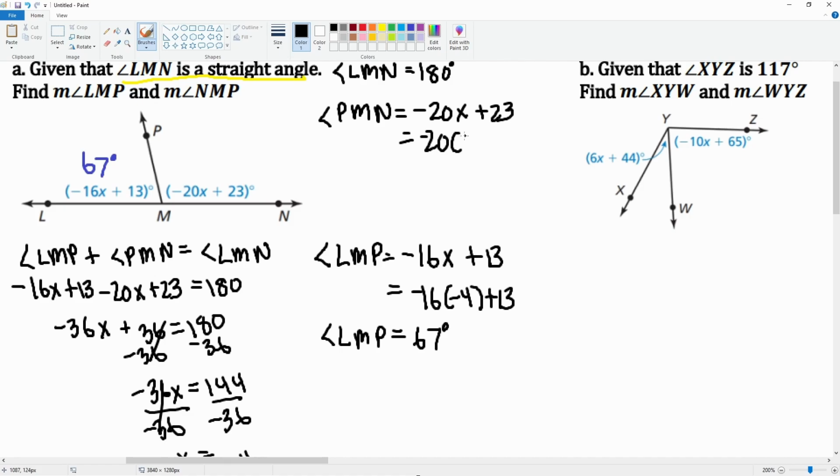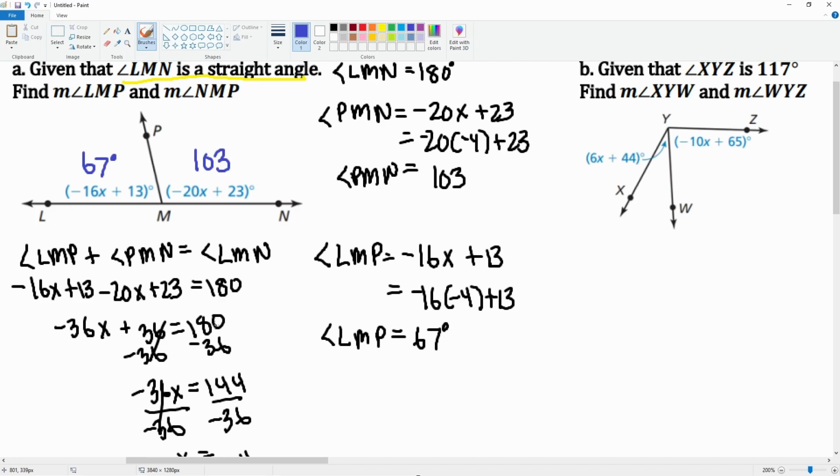Negative 20 times negative 4 plus 23 is going to be 103. That is what angle PMN is. If you add these, 67 plus 103, that gets you 170. Hold on, something's off. It should be 180. Let me check my work here.